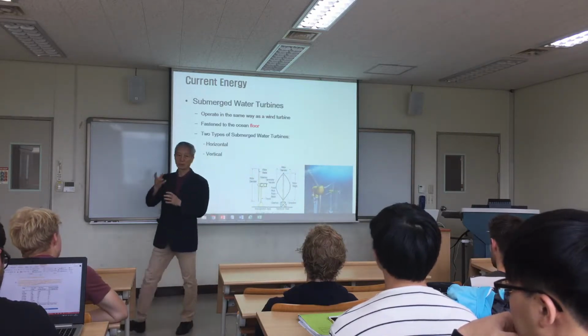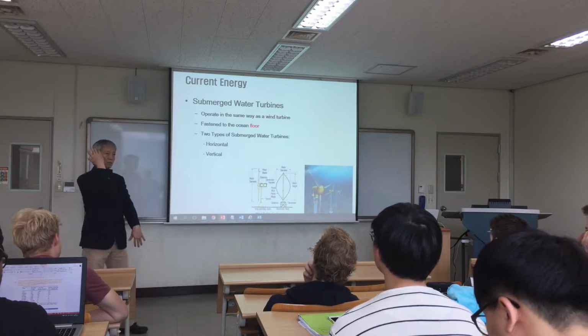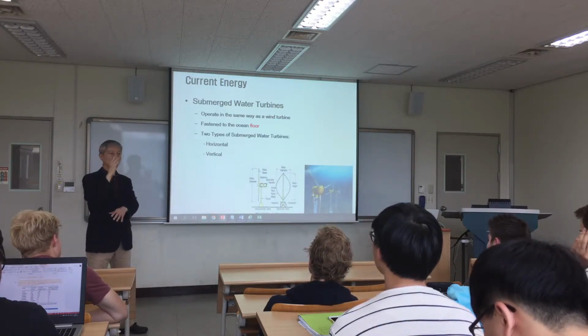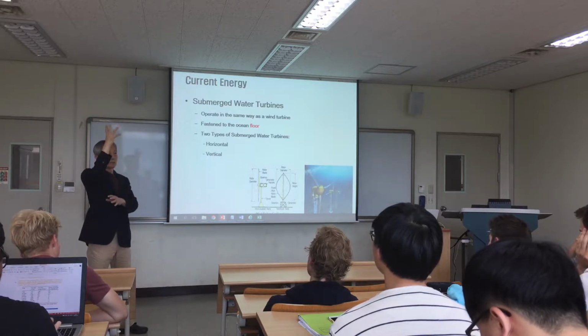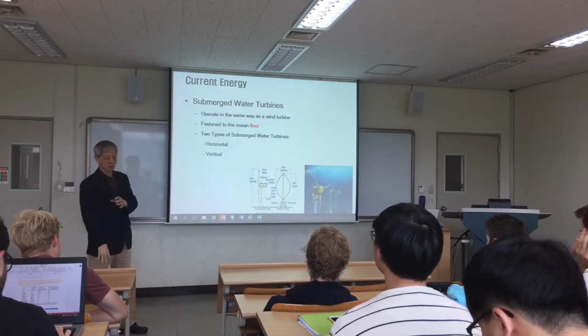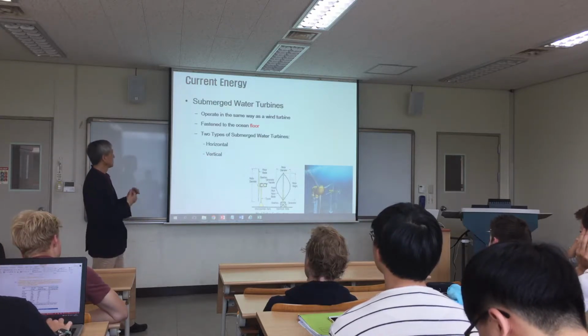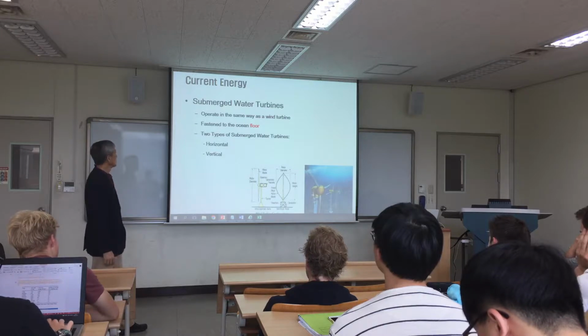Right? So floating type can be balanced by weight and size, so that above water there is a wind power system running, and underwater there is a current generation system.